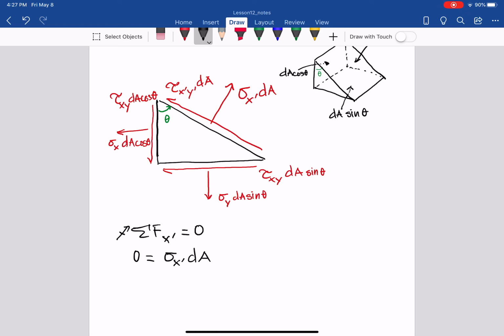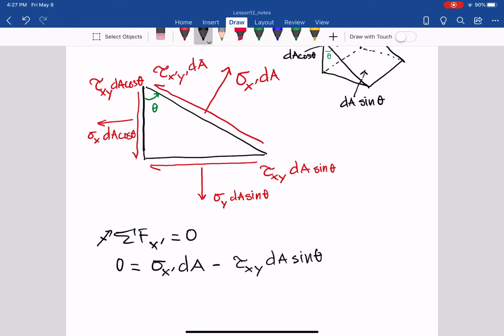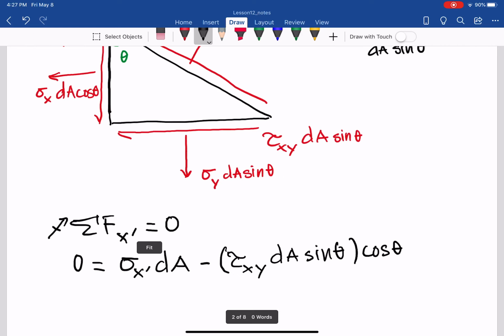And similarly, we can write down for the bottom plane. So you have negative tau xy dA sine theta. That's what you have. And from the angle with that one, it will be cosine for the x apostrophe. So we have that one times cosine theta because we project to the x apostrophe direction.